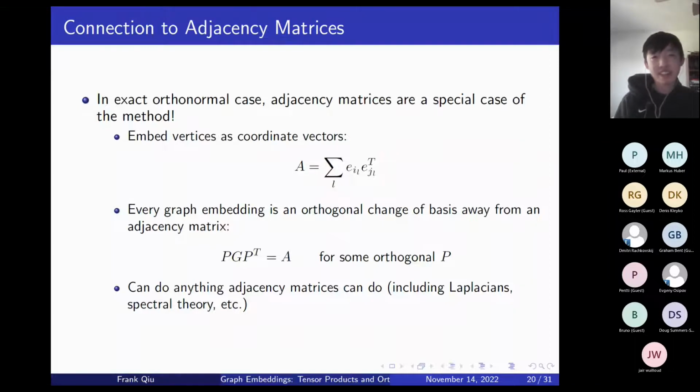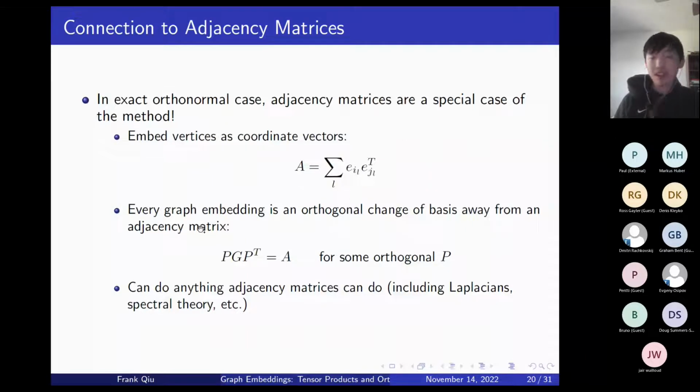It turns out that in the exact orthonormal case, adjacency matrices are a special case of the method proposed. Specifically, let's say that we embedded our vertices as coordinate vectors. Then the adjacency matrix is precisely just the sum of the tensor products of these edge embeddings.